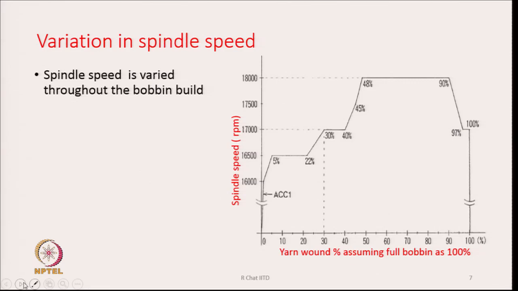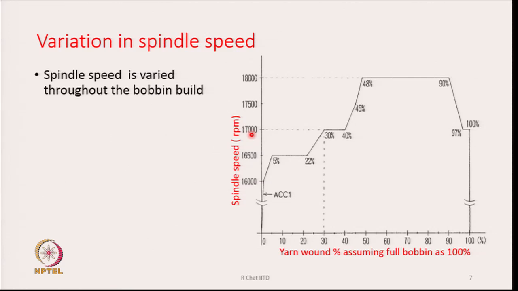If it is not constant, it means it is varied. How is it varied? That is shown by the diagram on the right hand side, where on the x axis we have the yarn wound percentage, assuming a full bobbin as 100%, and on the y axis we have the spindle speed in terms of RPM.